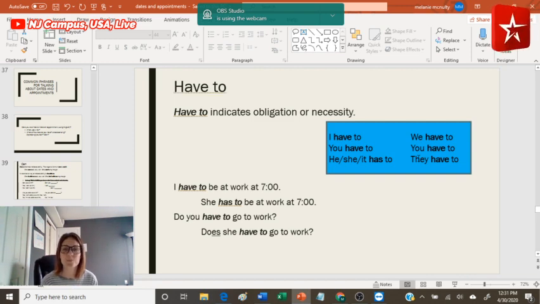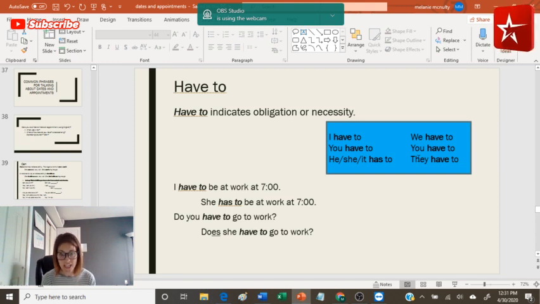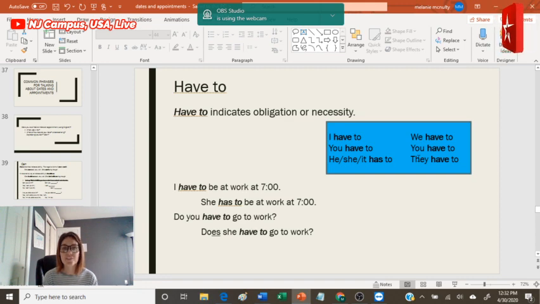Have to. We talked about this pronunciation a little bit last week. When I say have to indicate obligation or necessity, that V turns to a soft letter. Have to, have to.